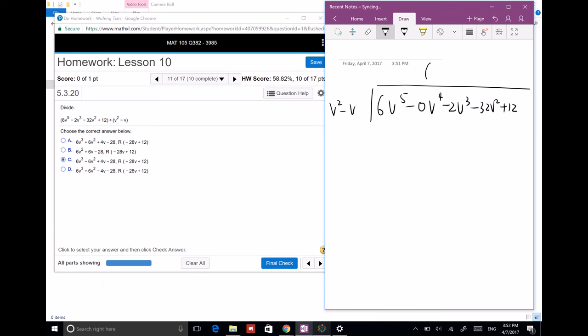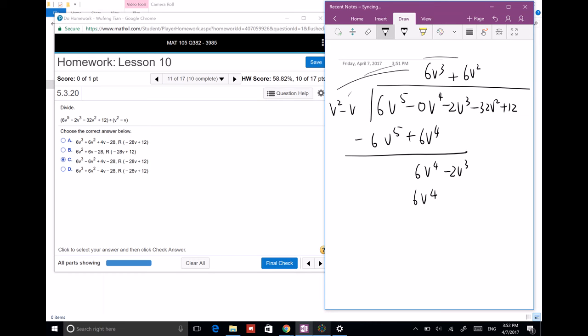And you can do 6v cubed multiply 6v^5 minus 6v^4, subtract it, plus 6v^4 minus 2v cubed plus 6v squared multiplied 6v^4 multiply minus 6v cubed, reverse the sign, add 6v^4 v cubed minus 32v squared, and plus 4v multiplied 4v cubed minus 4v squared.